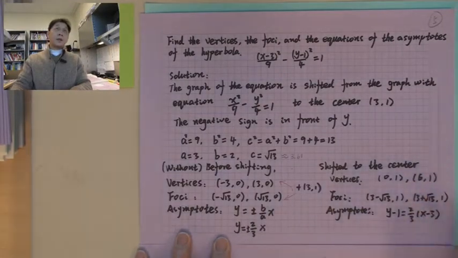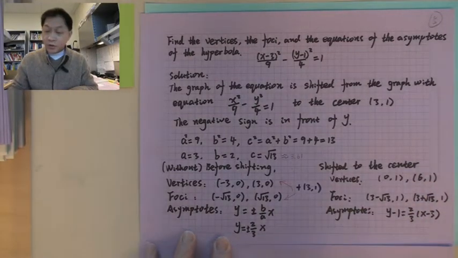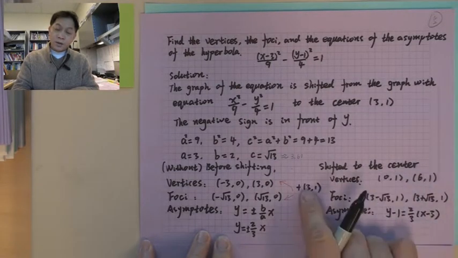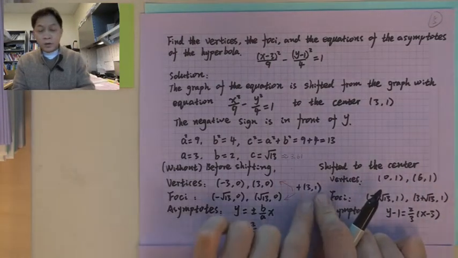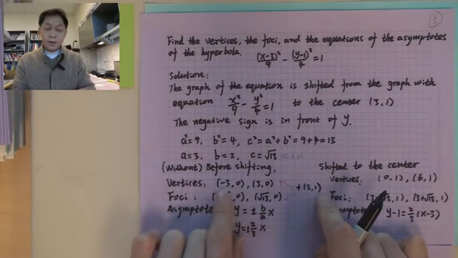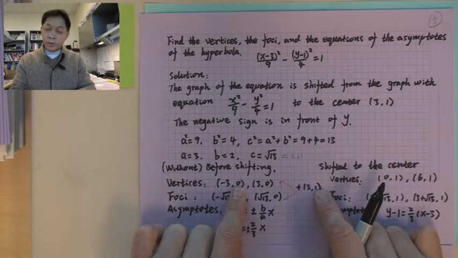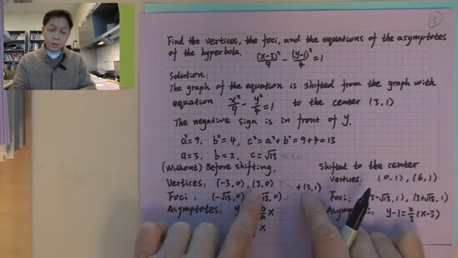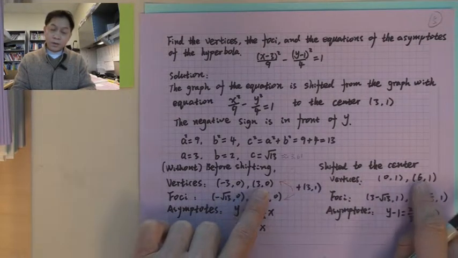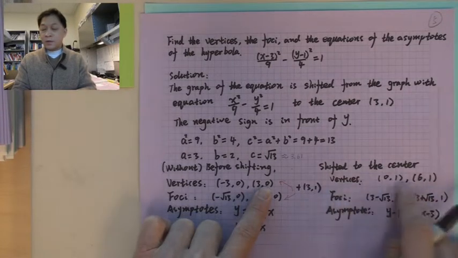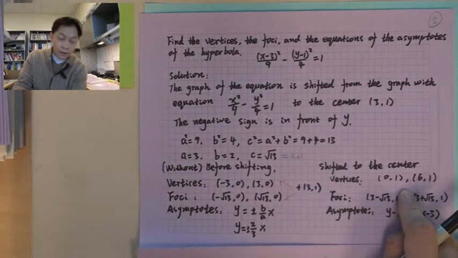Alright. How about the shifted picture? Shifted to the center 3, 1. Then of course, add 3, 1 on that. Negative 3 plus 3 is 0, 0 plus 1 is 1. 3 plus 3 is 6, 0 plus 1 is 1. So those are the vertices.